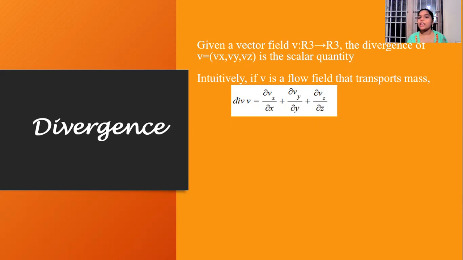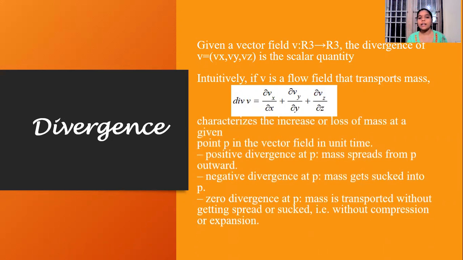If V is a fluid flow that transports mass, then the divergence of V equals the derivative of Vx by the derivative of x, plus the derivative of Vy by the derivative of y, plus the derivative of Vz by the derivative of z. That means it characterizes the increase or decrease of mass at a given point in the vector field in unit time.